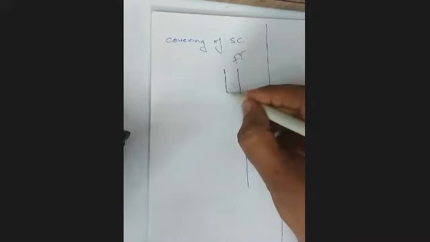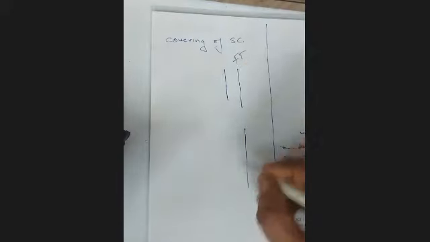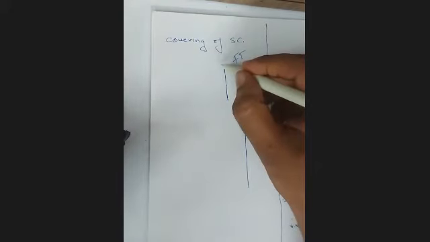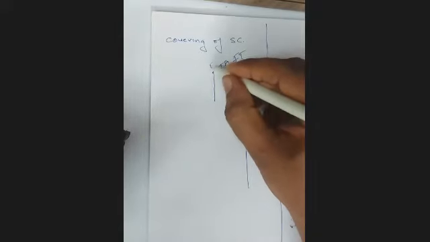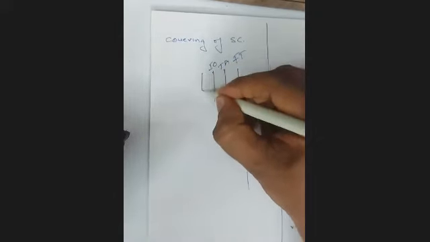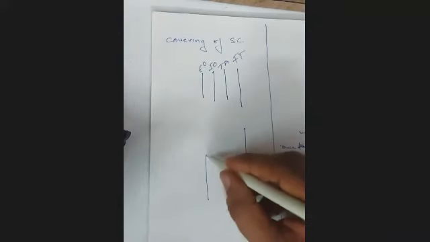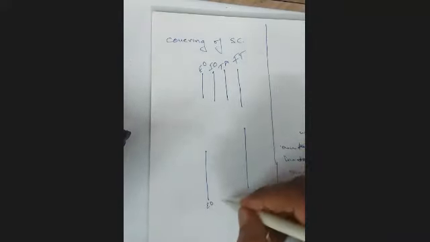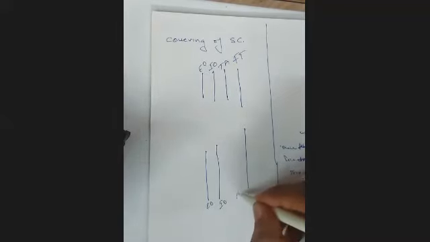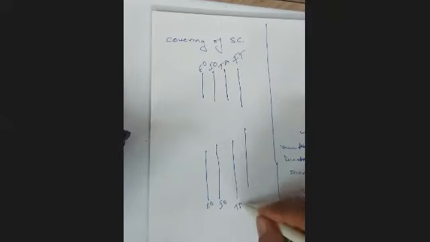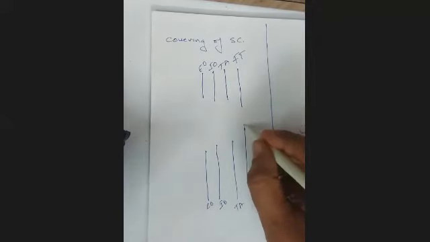Beyond fascia transversalis is transversus abdominis. Then here is internal oblique, then here is external oblique. So again, external oblique, internal oblique, transversus abdominis.